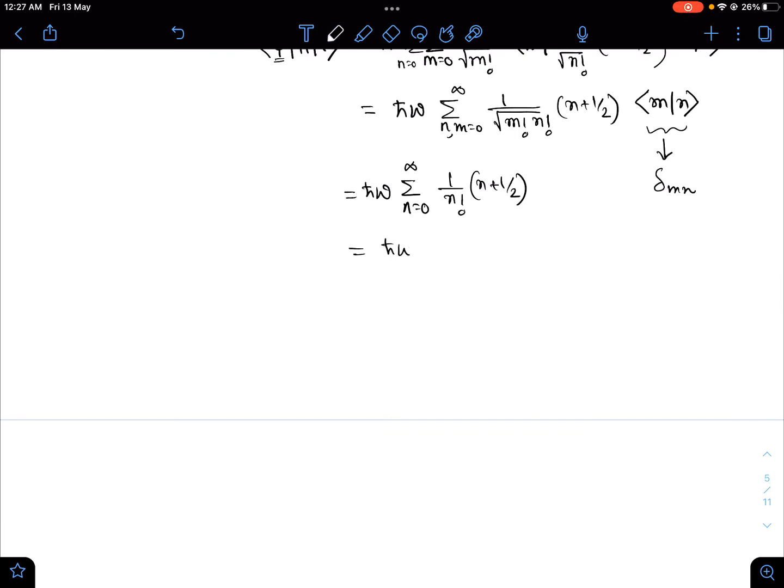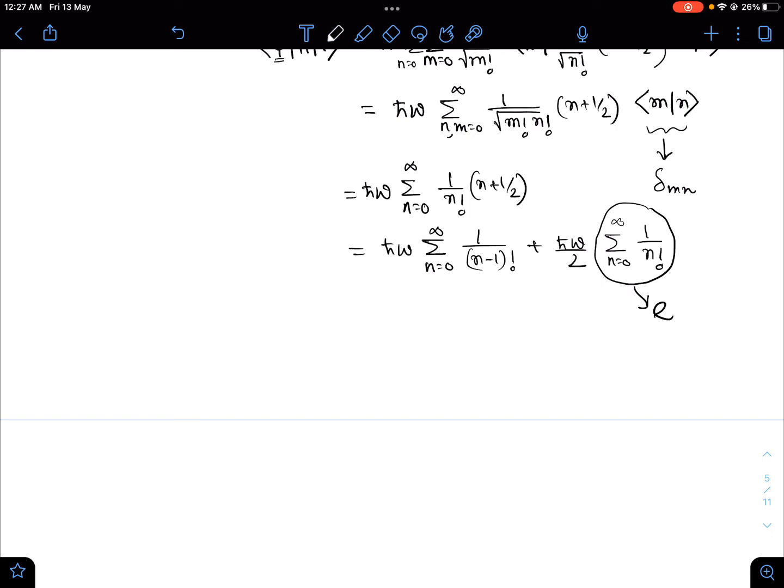So now for the first term, we will have the sum over n from 0 to infinity of 1 by (n minus 1) factorial, plus ħω by 2 times the sum over n from 0 to infinity of 1 by n factorial. Now we know that this is the expression of the exponential.